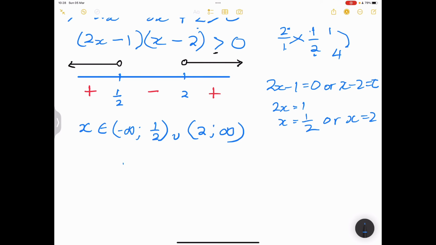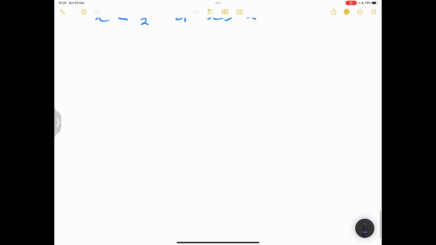Or we can again say x is less than 1 over 2, or x is greater than 2. Ladies and gents, I hope that makes absolute perfect sense. I really hope that you were able to enjoy that lesson.